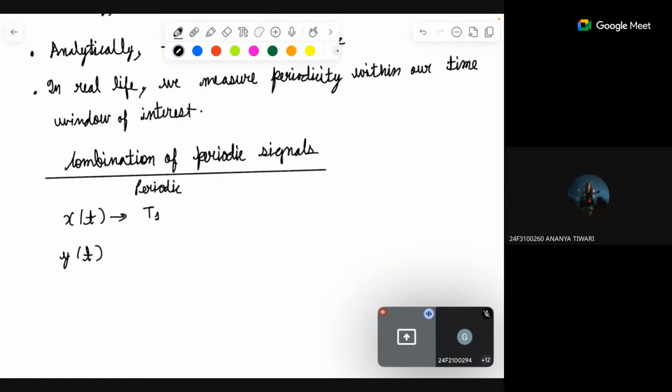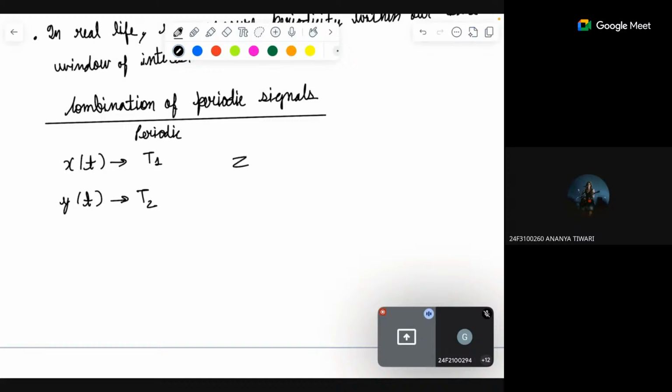The period of x(t) is T1. The period of y(t) is T2. Now I have a signal z(t), which is their sum, or it can also be equal to their product.